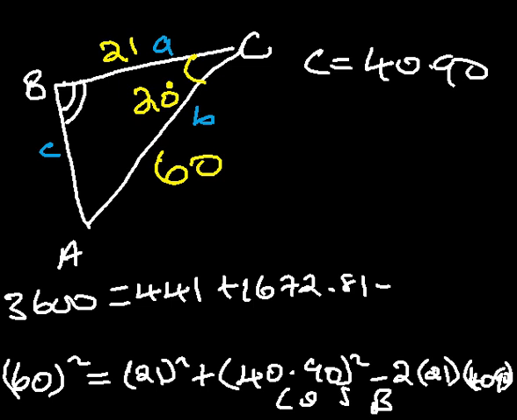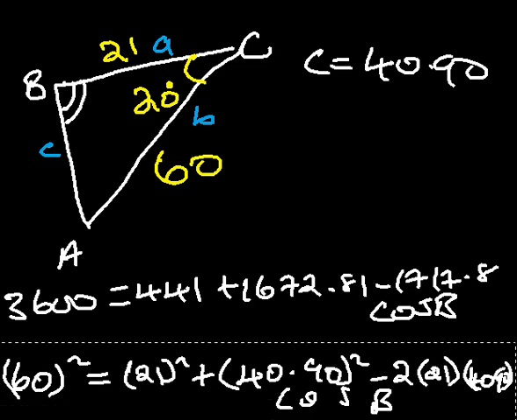We'll have it as negative 1717.8 times the value of the cos of angle B. So that's how that will be expressed.